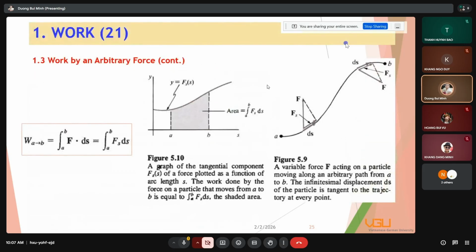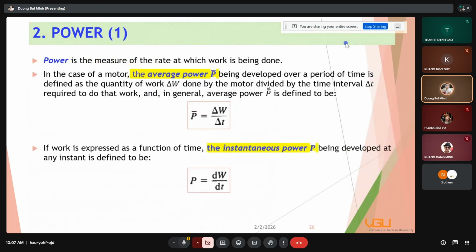So we finish session 1, the concept of work. Any questions so far? Okay, now we go to the second session, power. We have two kinds of power: average power and instantaneous power.